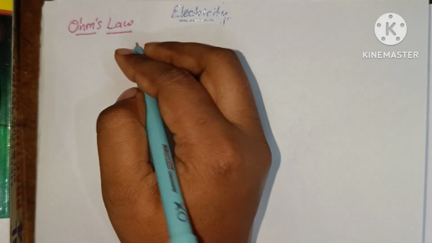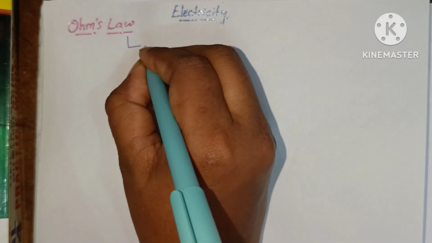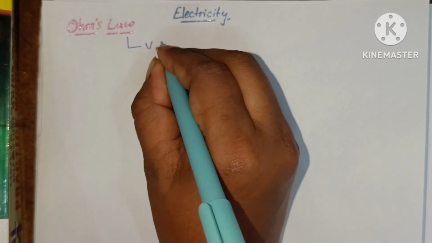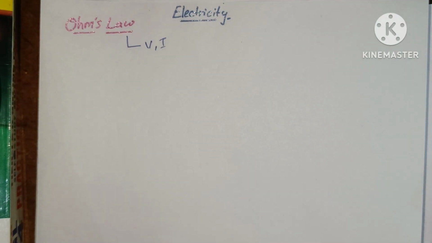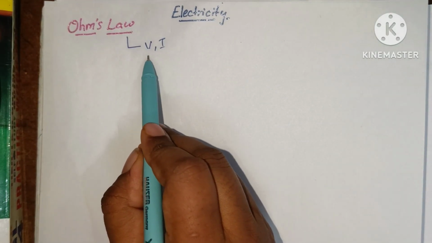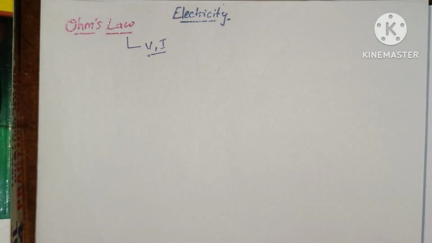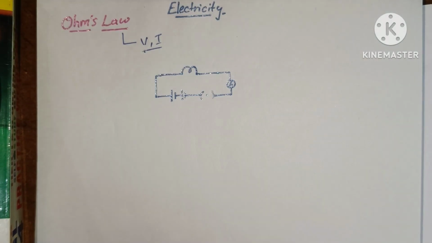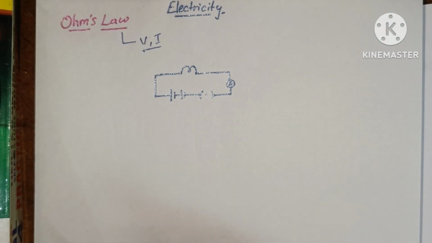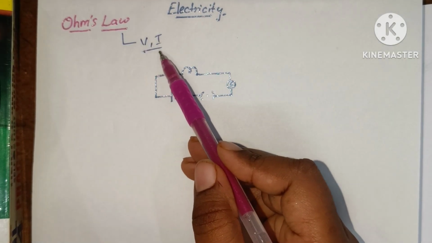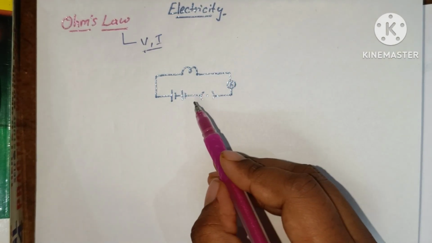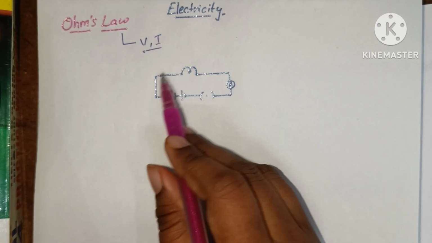Here Ohm's law is nothing but the relation between potential difference and current. Ohm's law totally depends on the relation between potential difference and current. Let us draw a circuit here. So how does it relate potential difference and current? Let us see. Here you know the circuit.